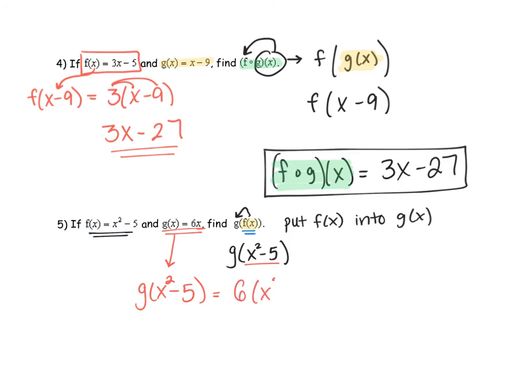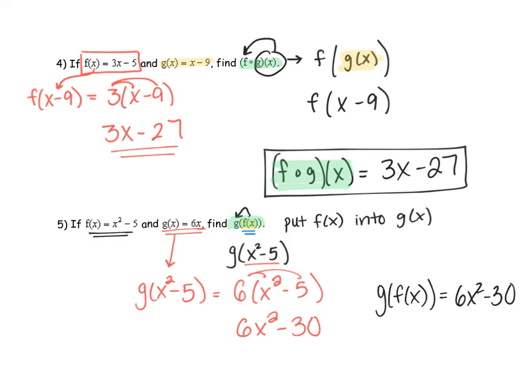So 6 times x squared minus 5. So I distribute the 6, and I get 6x squared minus 30. So if we want to write down our final answer, this was our original. So we can say g of f of x is 6x squared minus 30.